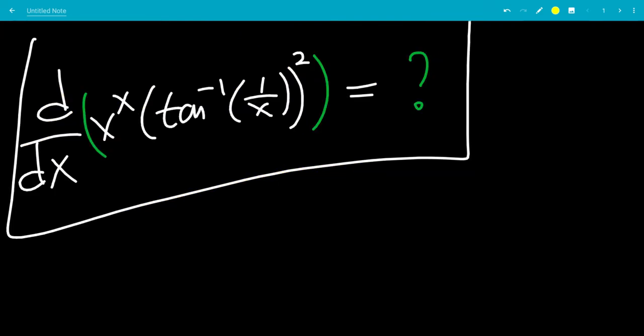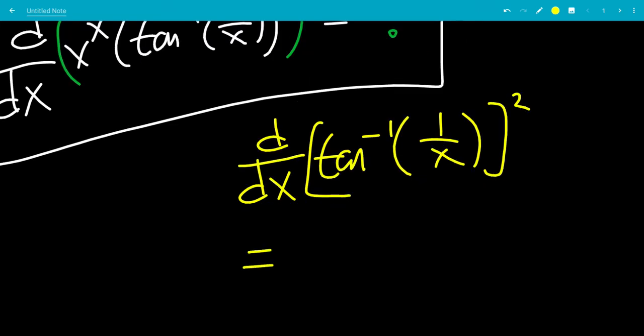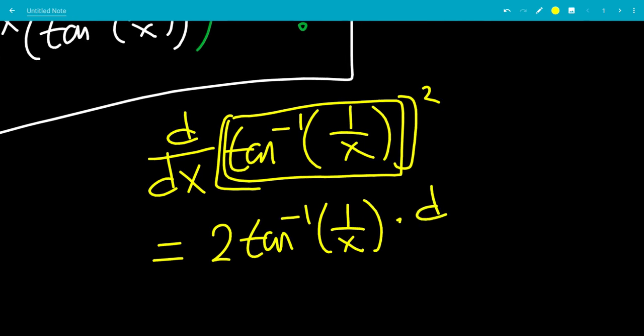Okay, so now let's do the derivative of the inverse tangent of 1 over x, quantity squared. Okay, so you can think of the inside as the function u. So the derivative of u squared with respect to u is 2u. So that's 2 times the inverse tangent of 1 over x times the derivative of the inverse tangent of 1 over x.